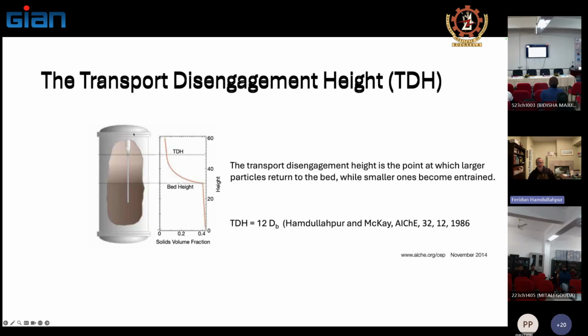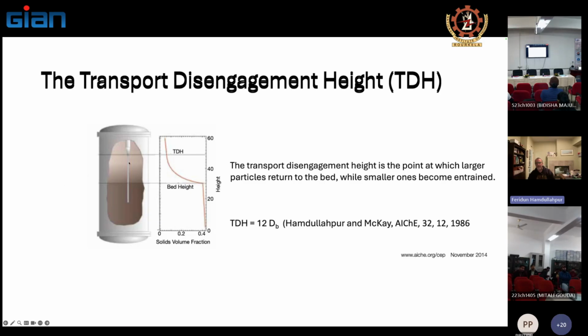So this height is important if you're designing a vessel. The higher this reactor is, the more expensive it will be because you have to build more material and add all kinds of things. You need to predict the right transport disengagement height, which means that beyond this height, nothing is happening, at which larger particles return to the bed while smaller ones become entrained.